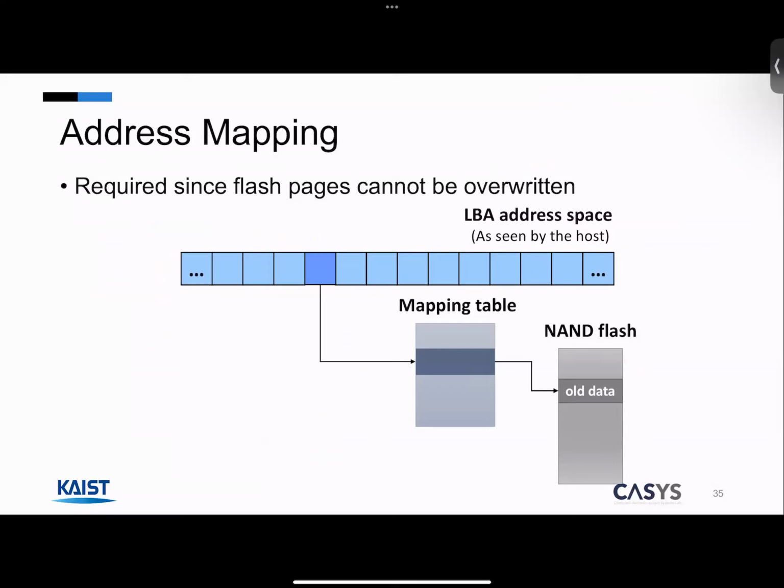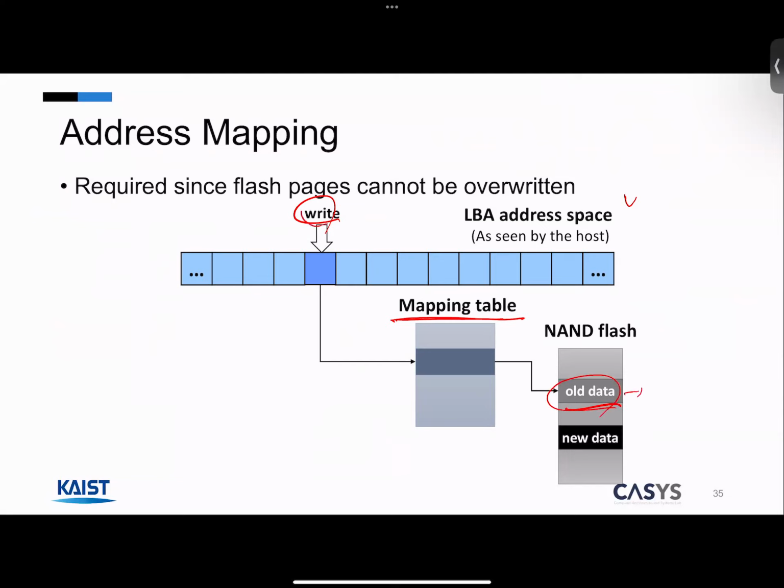The core of FTL operation, again, is that the LBA address space is mapped to the flash pages. Here's an example. Let's say you want to write data. The operating system issues the command in terms of an LBA block number, and the FTL has an internal mapping table. SSD does not support in-place update, so the old data cannot be changed.